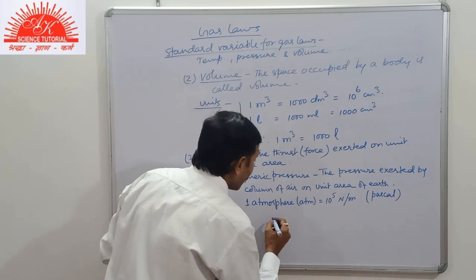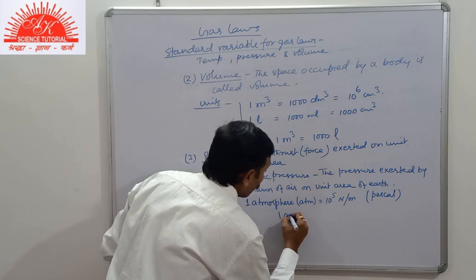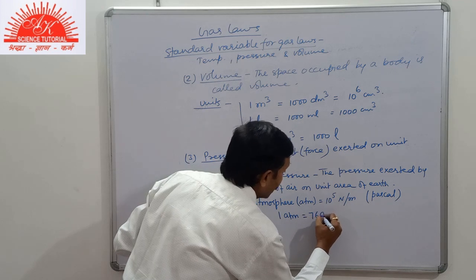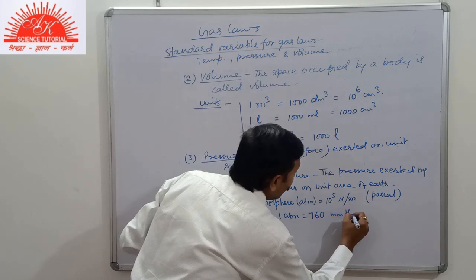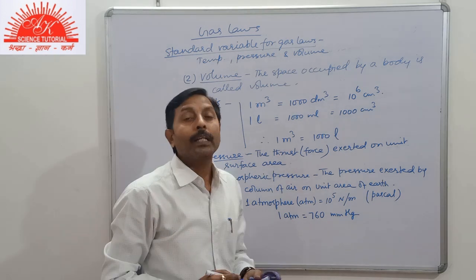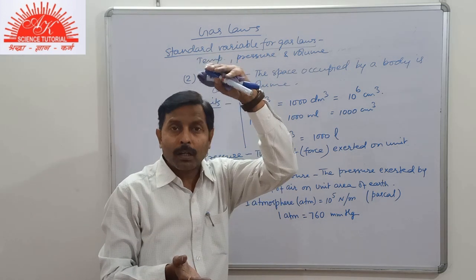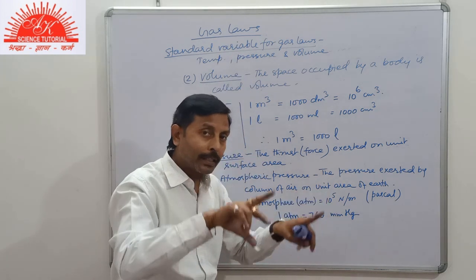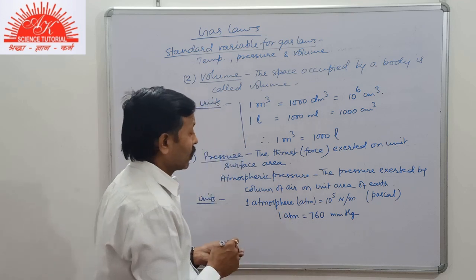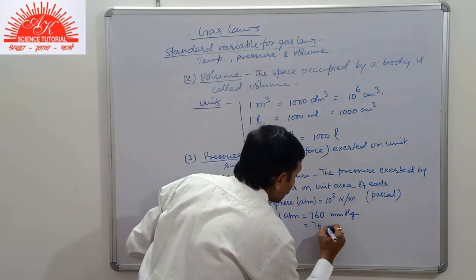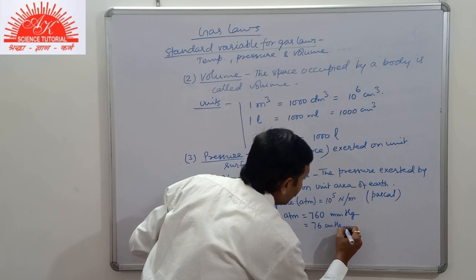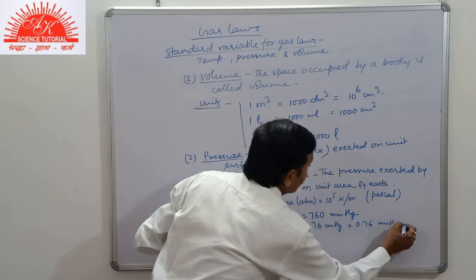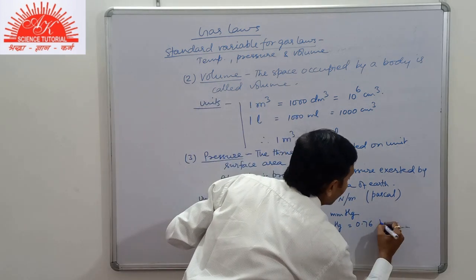Further, 1 atmosphere is equal to 760 mm of Hg, that is the mercury column. The length of a mercury column of 760 mm in the tube will exert the same pressure as 1 atmosphere. It is equal to 76 centimeter of mercury or 760 millimeter of mercury.